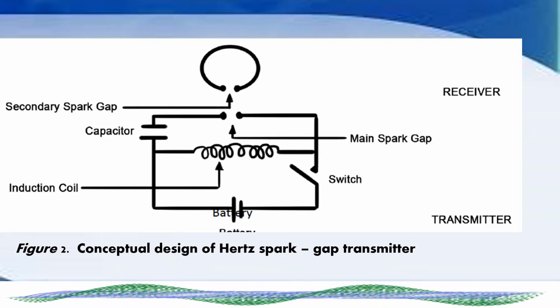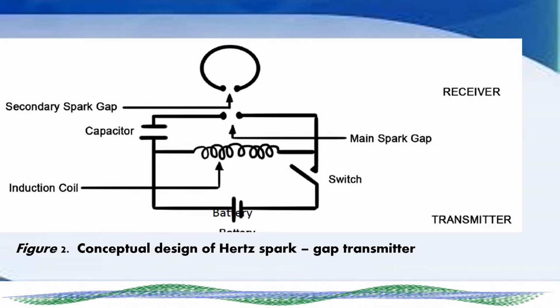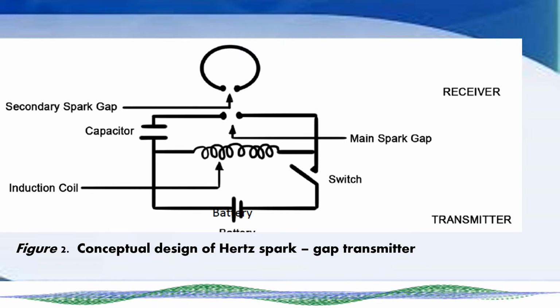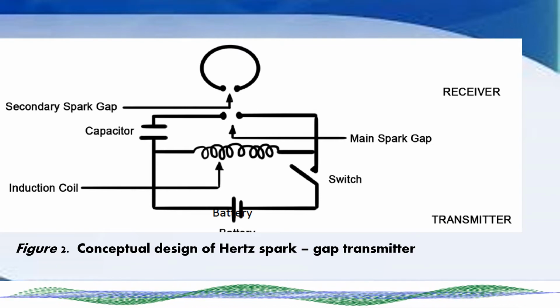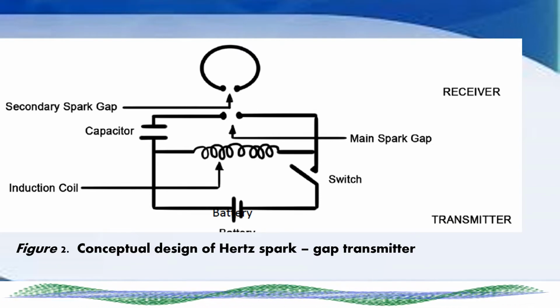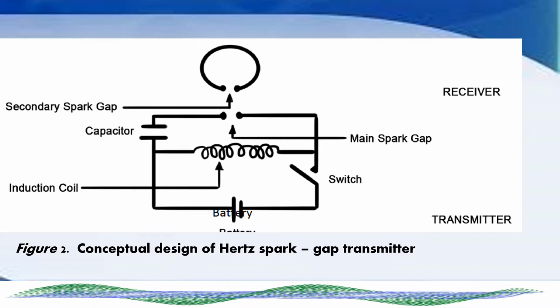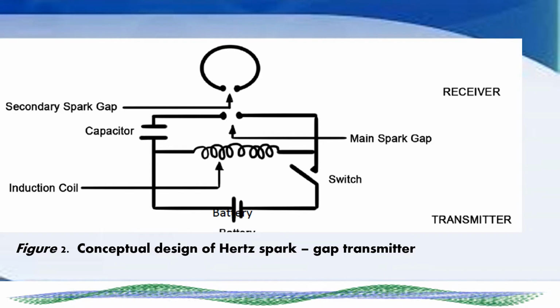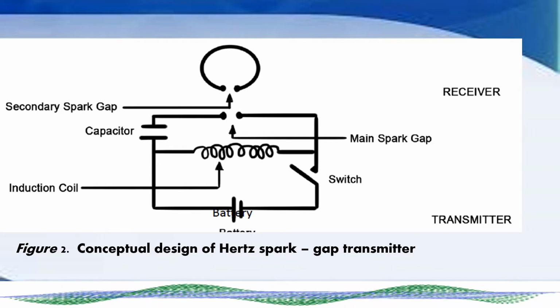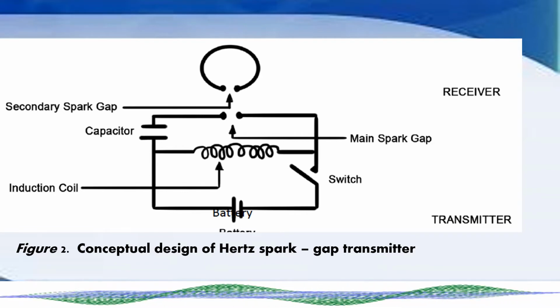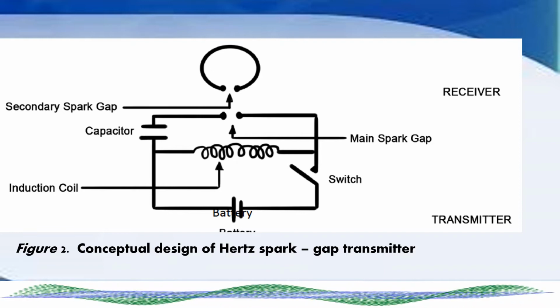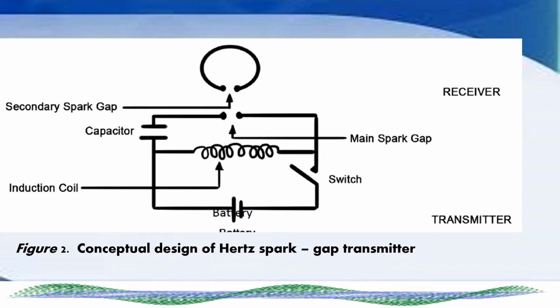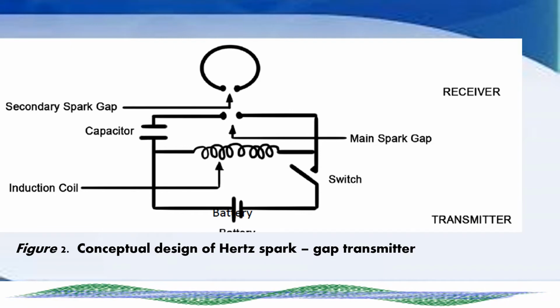At both ends of his spark gap transmitter, Hertz put two hollow spheres of 30 centimeter diameter, 3 meters apart. These spheres acted as capacitors. Try to look at the diagram or the illustration on the slide.